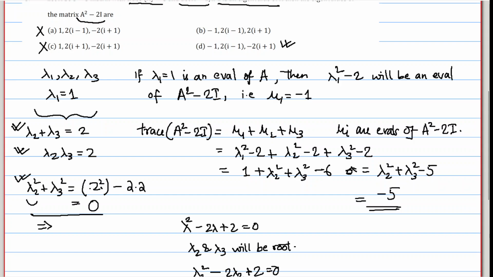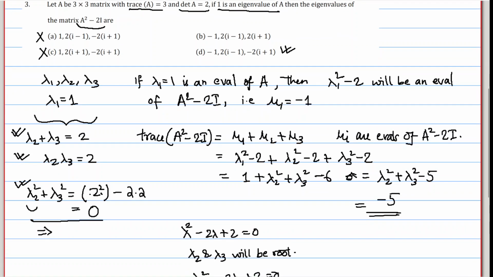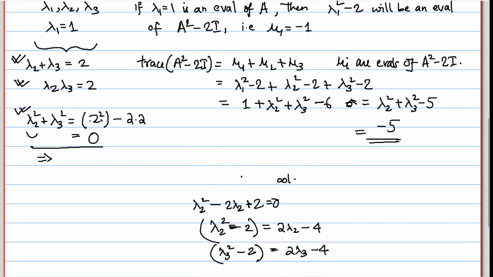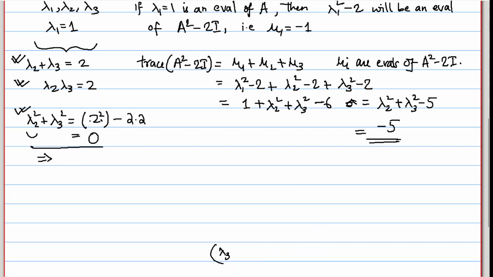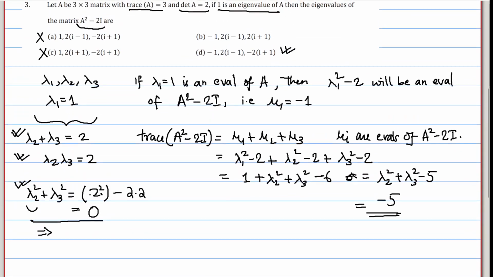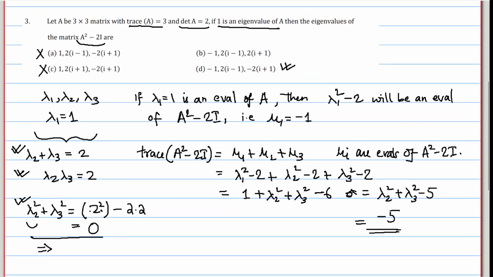The trace of this matrix will be minus 5. So that means you need to have, this will be minus 2 minus. Fine, I mean, the trace of the matrix should be minus 5, right?